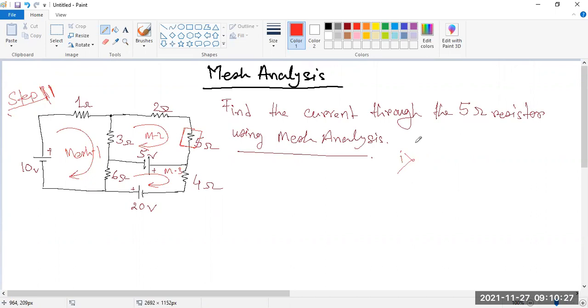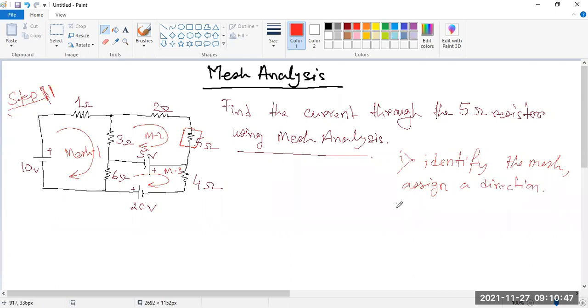First identify the mesh and assign a direction.